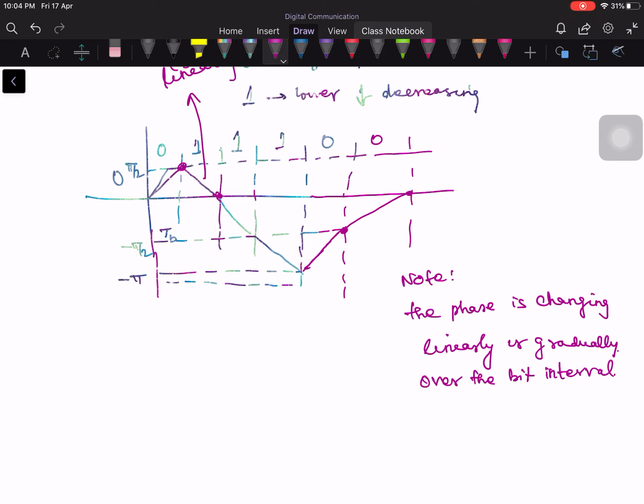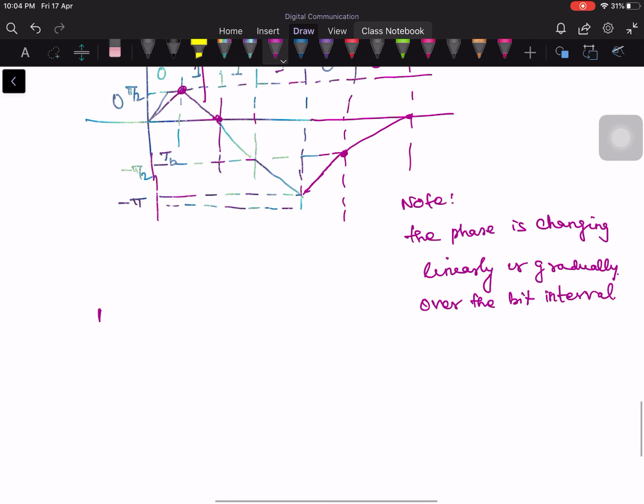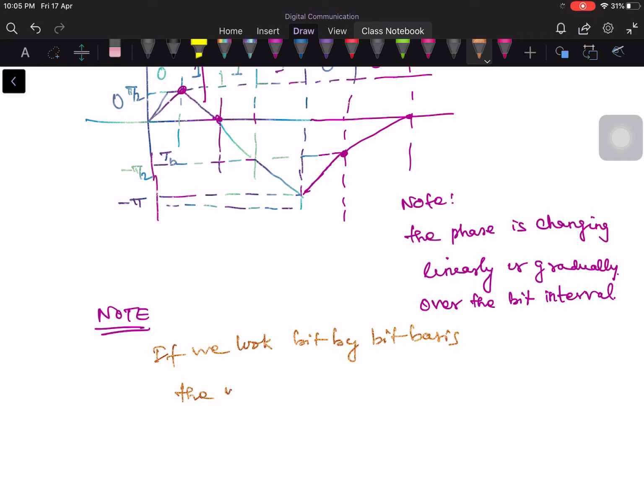But if you look at it on a bit by bit interval basis, the waveforms are not similar between FSK and MSK.